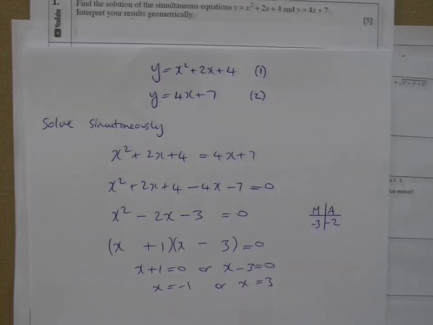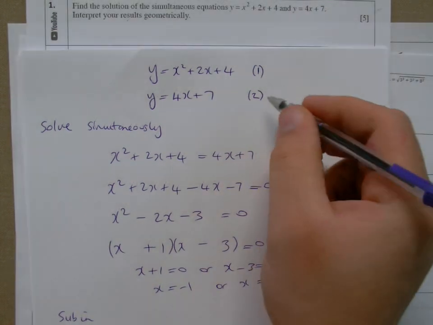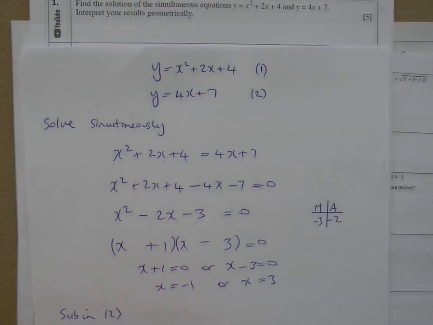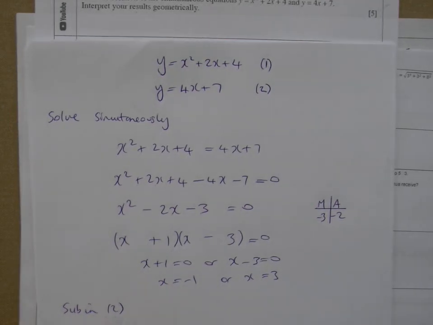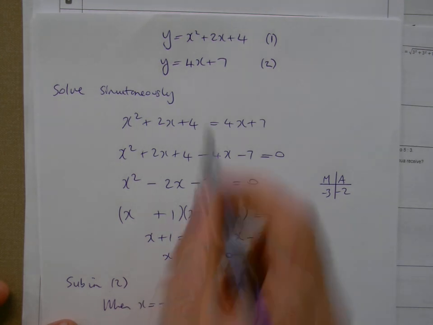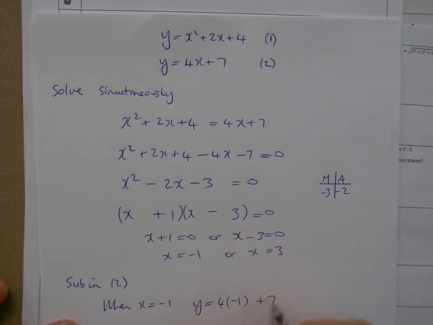Okay, now those are my x values. I then need to work out my y values. So if I sub these back into one of these equations, it doesn't matter which one. In fact, I'll choose number 2 because that one looks a lot easier, doesn't it? So sub into equation 2. When x is equal to minus 1, the first result here, y will equal 4 times minus 1 plus 7.